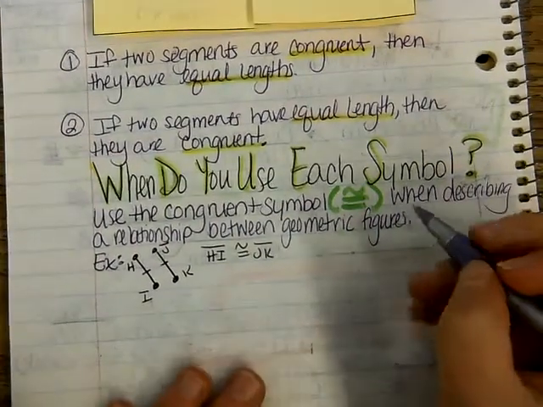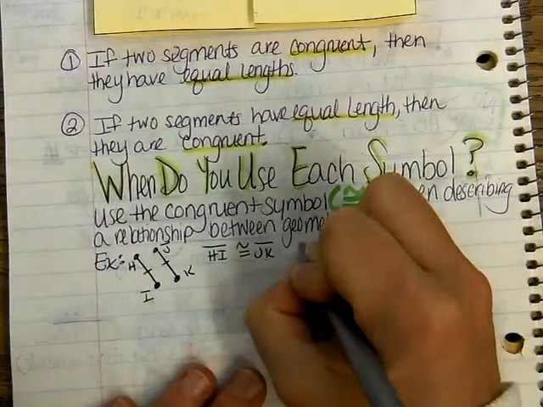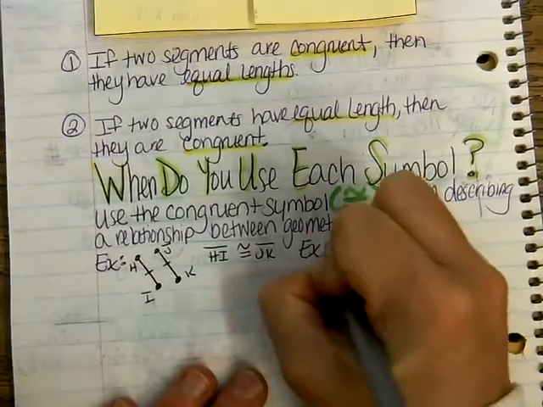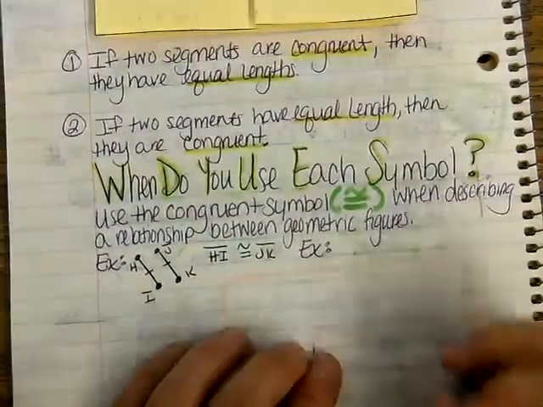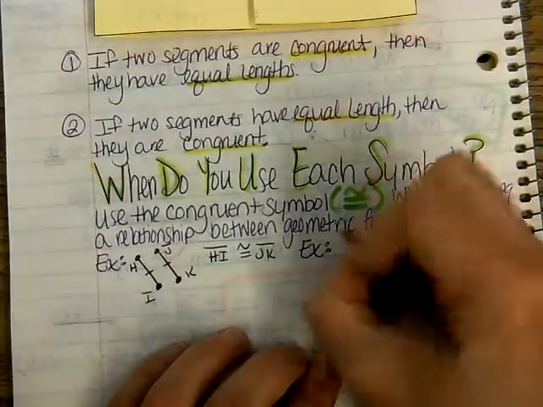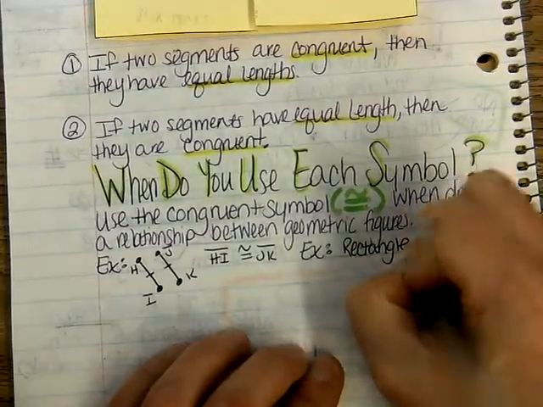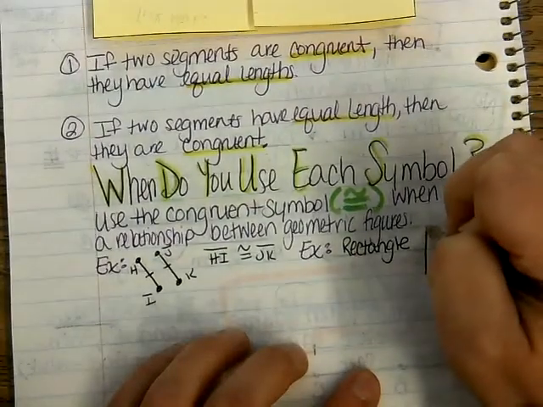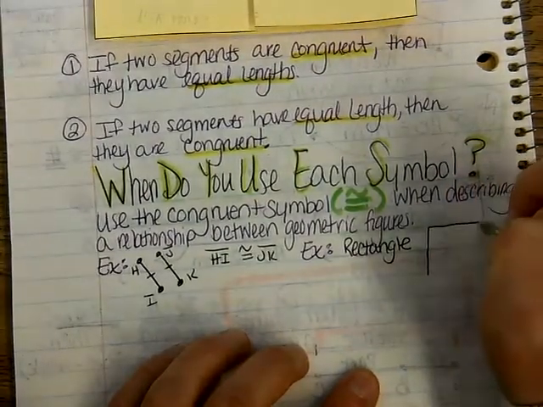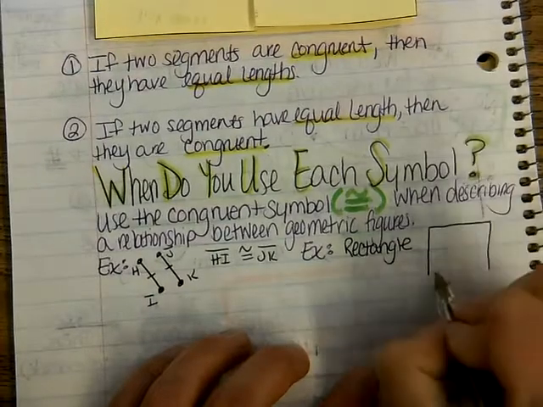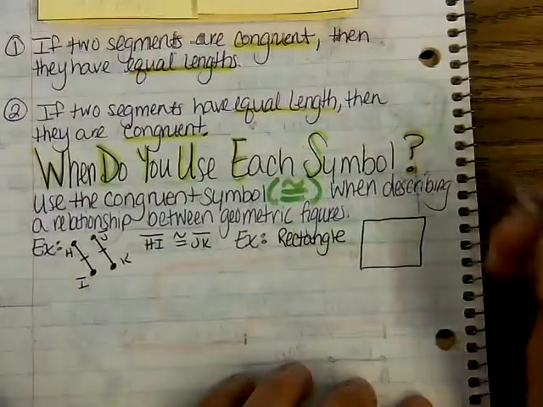If we're talking about another shape, like a rectangle, for example, and we know that in a rectangle, we have two sides that are going to be congruent to each other, and the other two sides are not congruent.